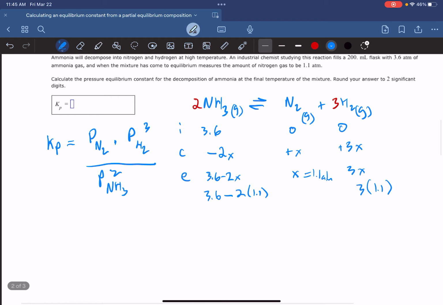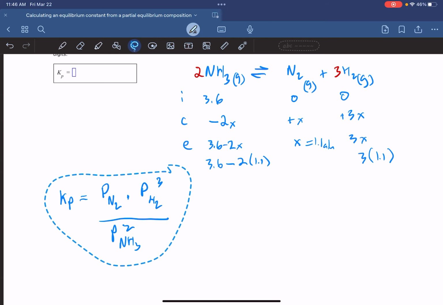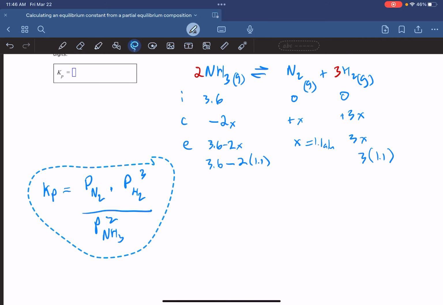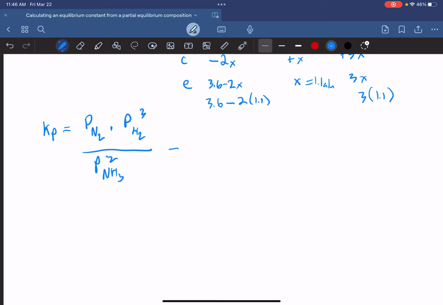If we put it in with x's first, I'm going to grab this whole thing, lasso it, and bring it down here just so we have a little more room. On the top, I'm going to end up with x, and here I'm going to end up with 3x cubed, and on the bottom I'm going to write 3.6 minus 2 times 1.1, or just 2x, however you want to do it.